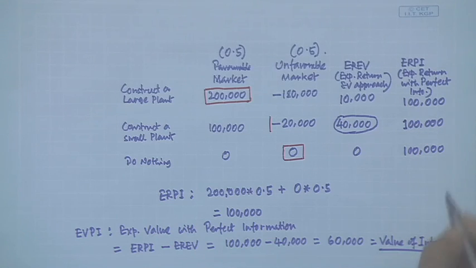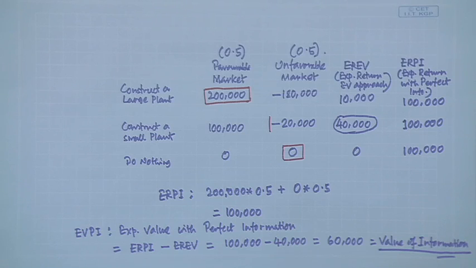We can reach up to 100,000 with perfect information, so we could have gone all the way up to 60,000 additional. But the question is different. The question is whether we can really give these 60,000. The answer would be very difficult really.